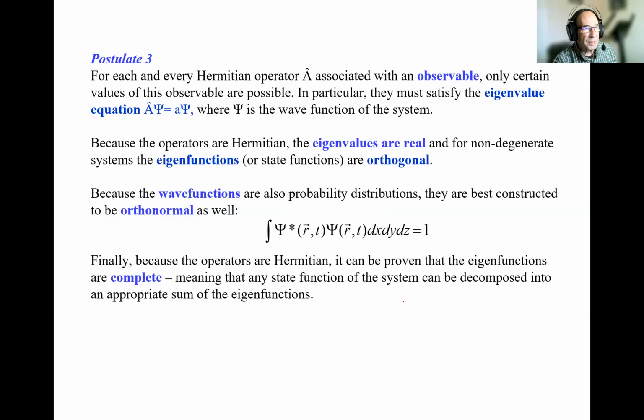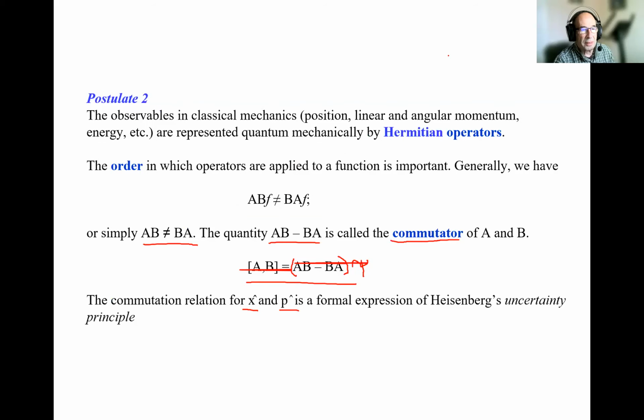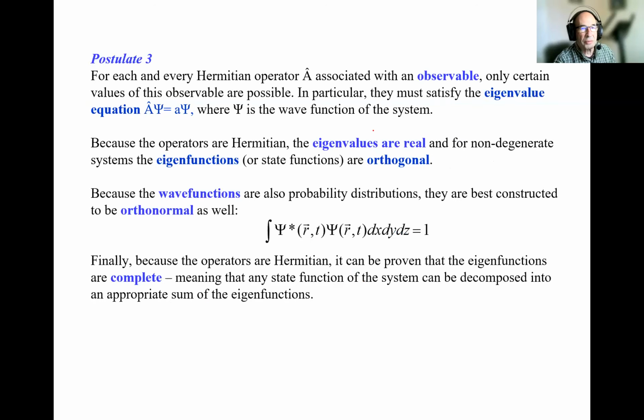Now, then there is another postulate, which tells us how we are going to construct our theory. In the previous postulate, we said there are operators, and every observable is represented by an operator, which we call a Hermitian operator, because it satisfies certain conditions, as we'll see.